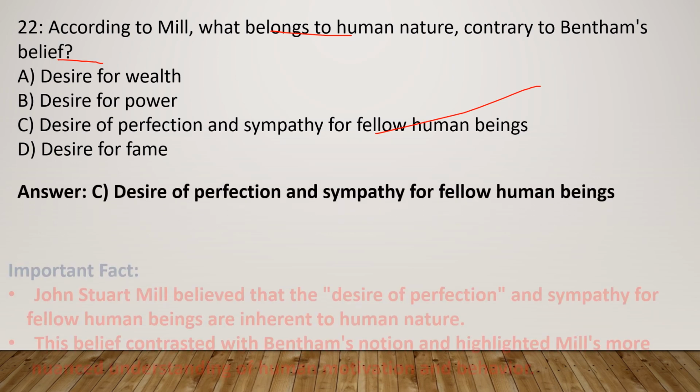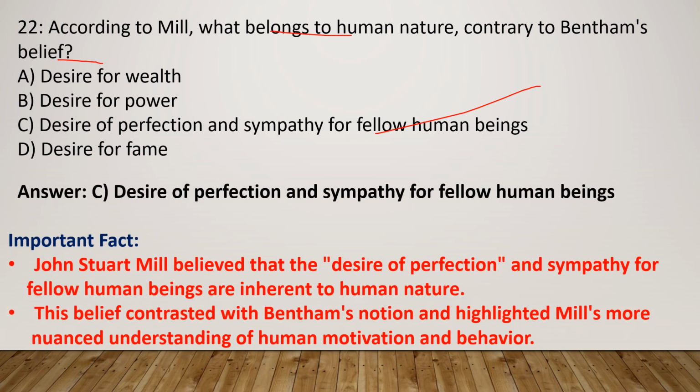Option C. John Stuart Mill believed that the desire of perfection and sympathy for fellow human beings are inherent to human nature. This belief contrasted with Bentham's notion and highlighted Mill's more nuanced understanding of human motivation and behavior.